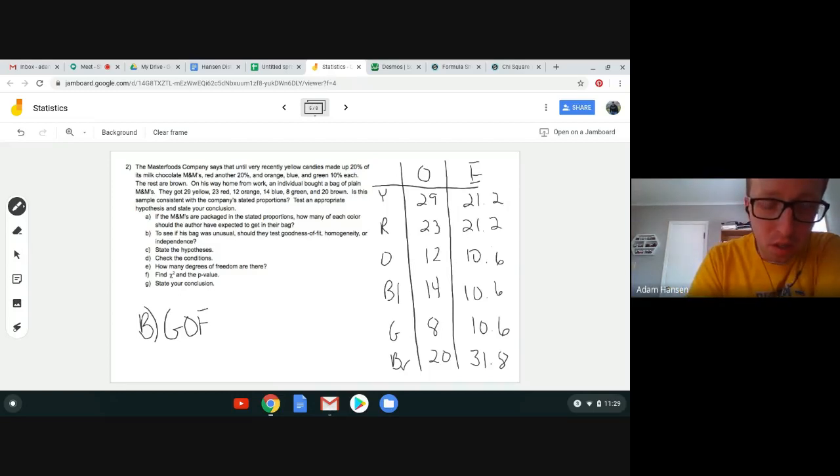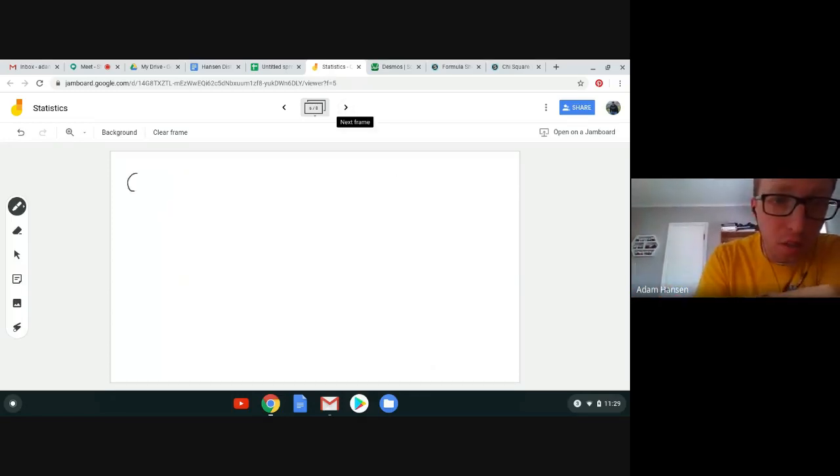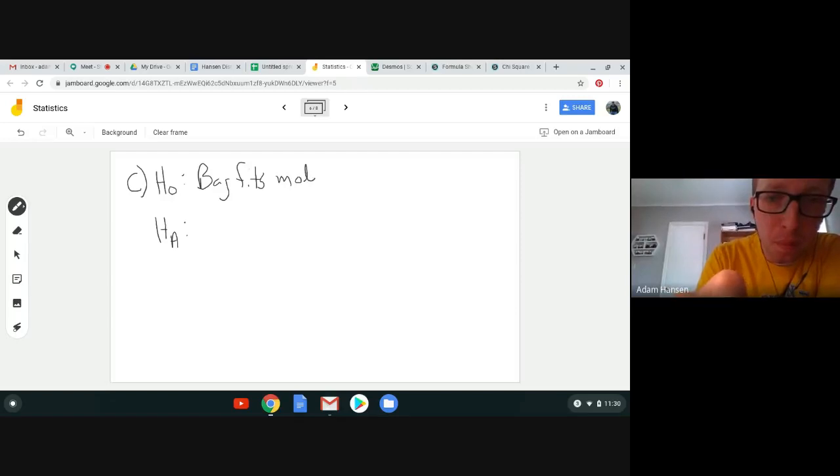For C, write the null and alternative hypothesis. So let's assume that the bag fits the model, fits the distribution. Alternative: the bag does not fit the model.